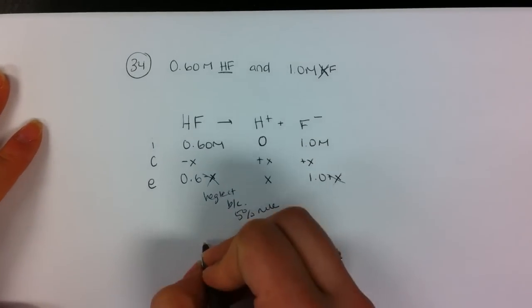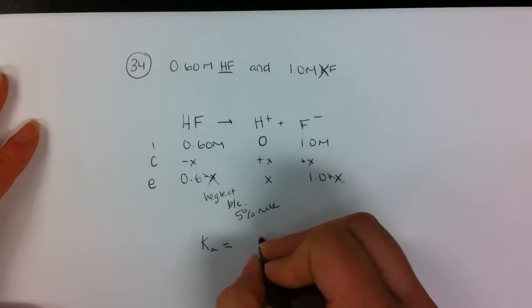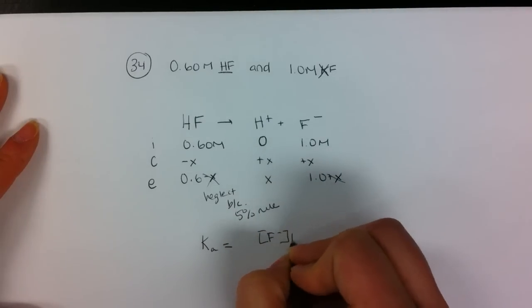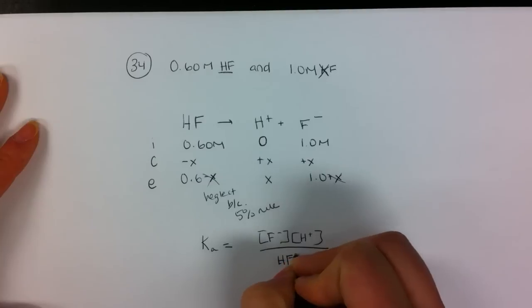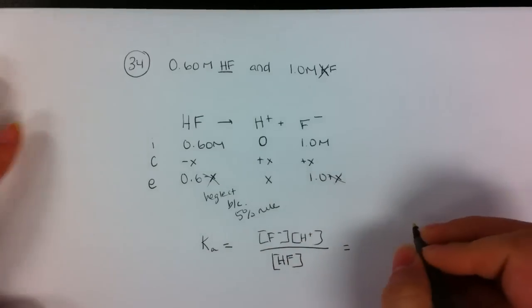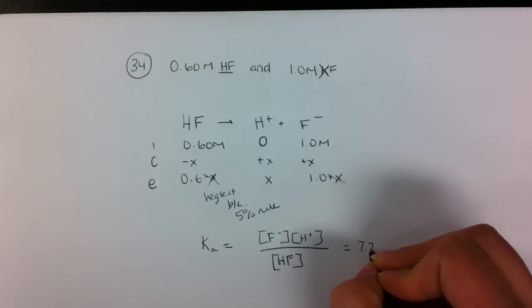Okay, from here we know that the Ka is equal to the concentration of F minus times H plus over HF. So we substitute. I know that the Ka for this is, I think, 7.2 times 10 to the negative fourth.